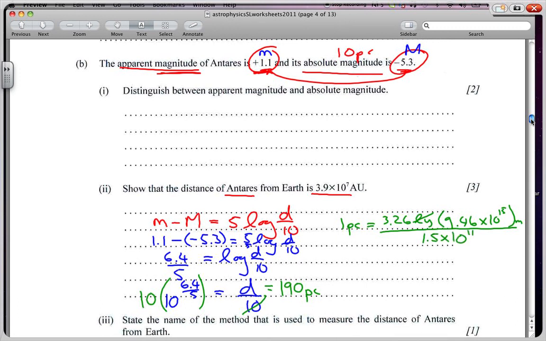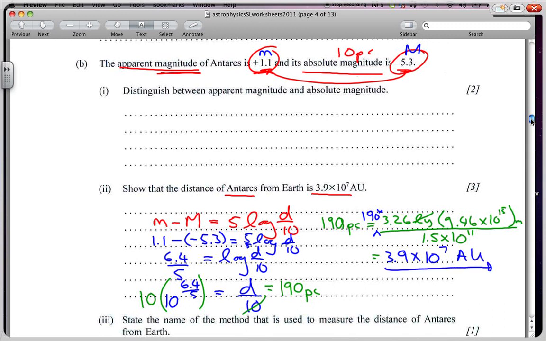So we divide by that, and that would be my conversion. So if I'm looking at 190, I'd have to multiply 190 by that whole thing there, and you get that it works out to be about 3.9 times 10 to the 7 AU.